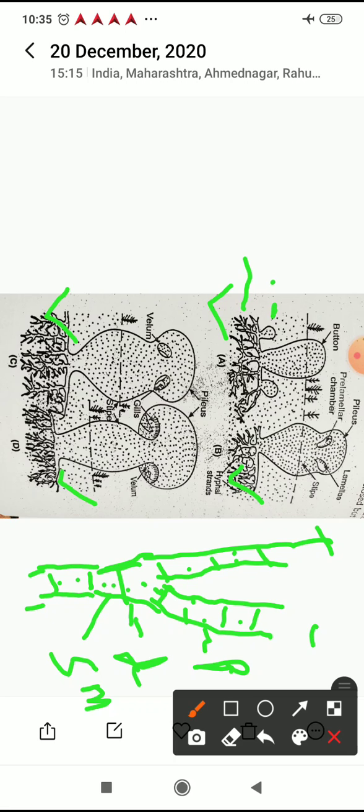Then formation of the fruit body, that is the basidiocarp, starts. Fruit bodies appear like an umbrella. The above-ground portion of the fruit body looks like an umbrella, and it is made up of dikaryotic hyphae.